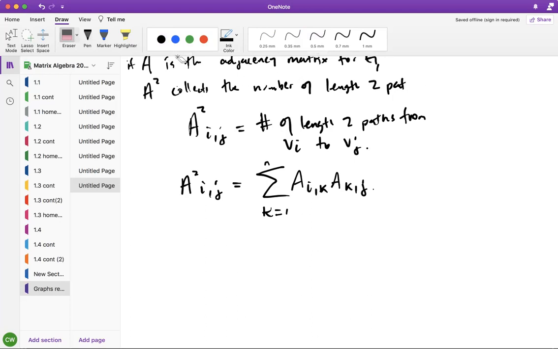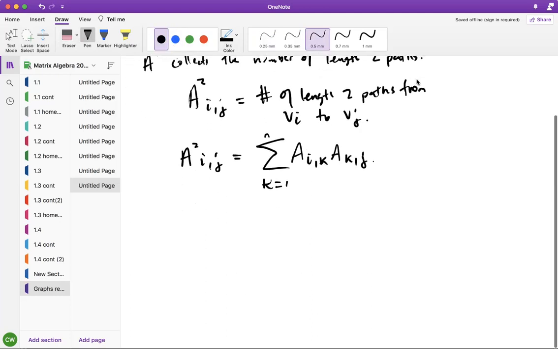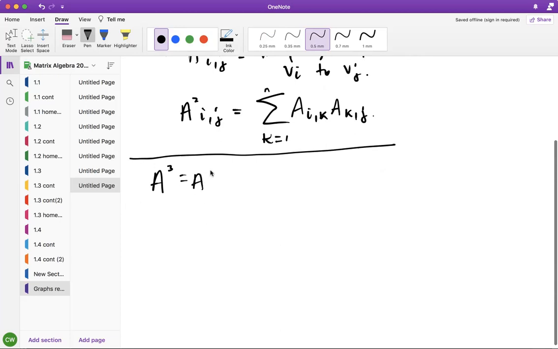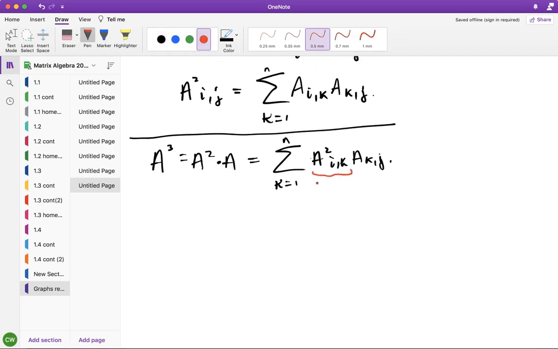All right, so if you think about it, if we multiply one more time, A cubed, if you think of it as A squared times A, what you're counting up is your length 2 paths, and then you're checking for an adjacency.